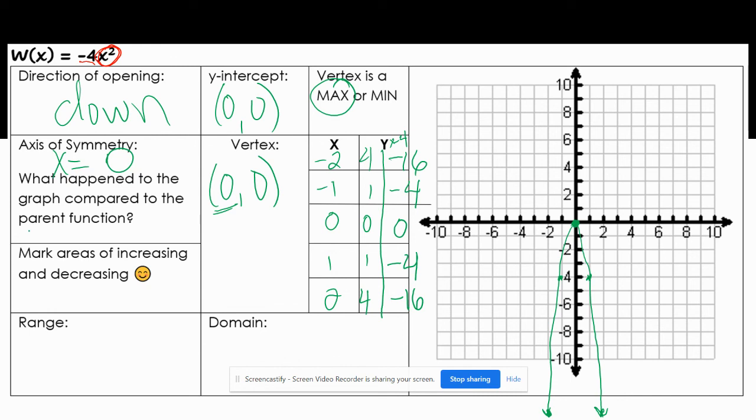And so this flipped and a vertical stretch. Now this flip is actually called an x-axis reflection. Here's our x-axis right here, and it was up here and it flipped underneath it. So it reflected over that x-axis.